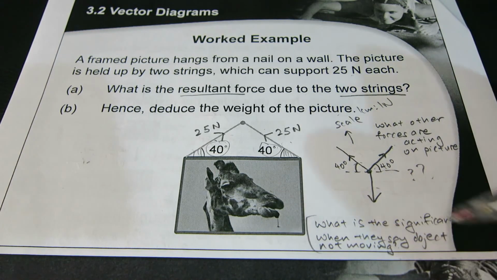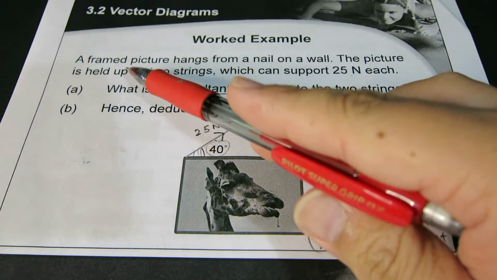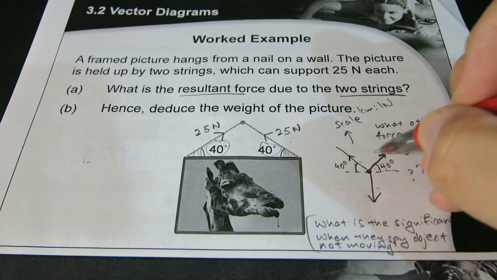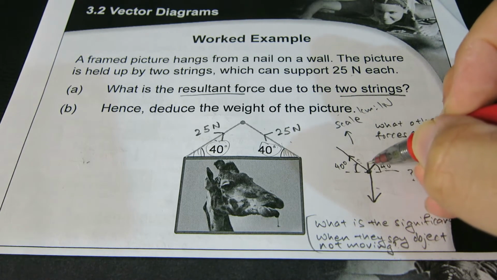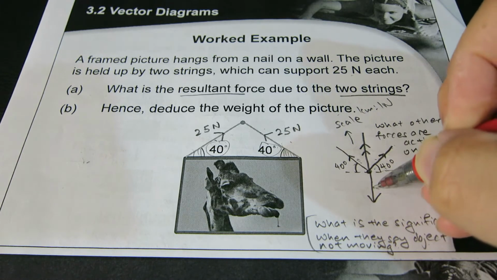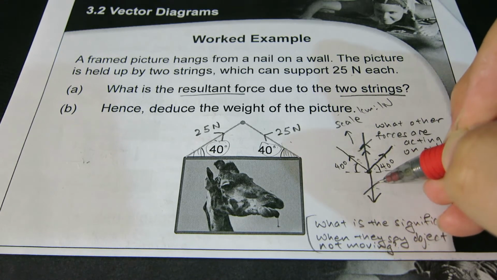Alright, so just take note, when they say an object does not move, or an object is being held up, an object is stationary, then the resultant of these two forces must exactly equal to the third one. Only then this force and this force will cancel out.